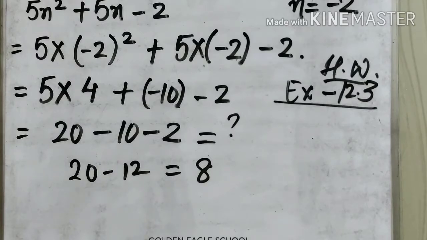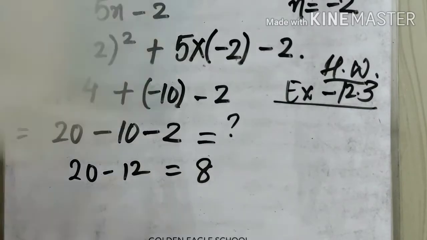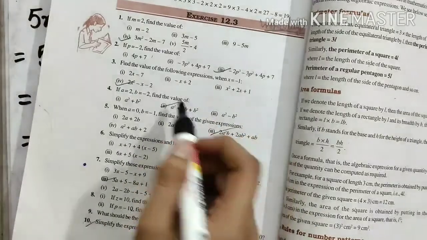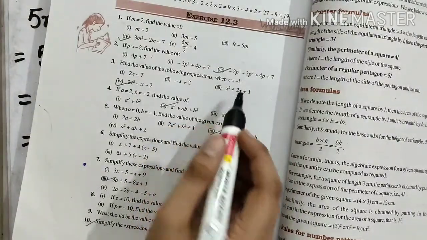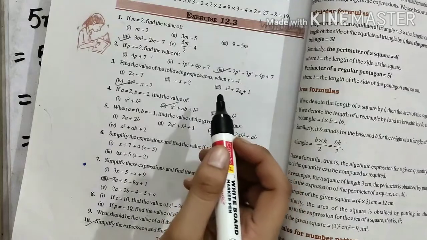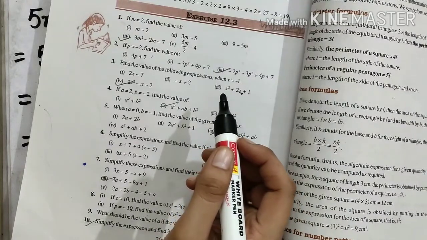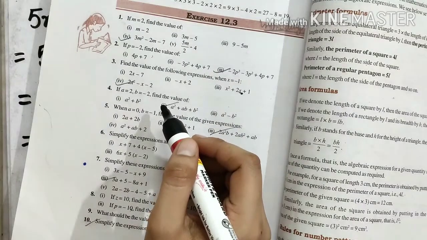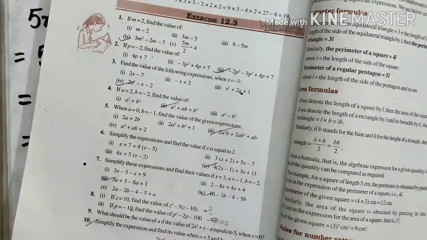You can easily find the value. If p equals to minus 2, find the value of the following expression. Find the value of expression when x equals to minus 1. In similar terms, you can do question number 4, 5, 6 and 7.